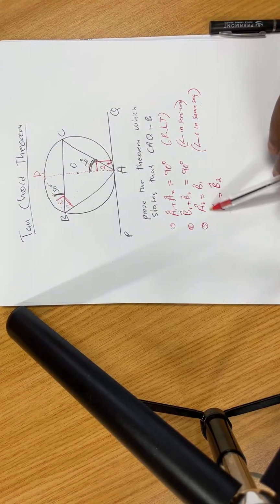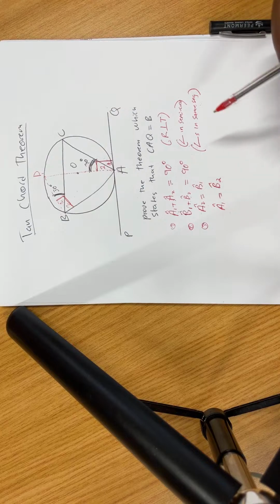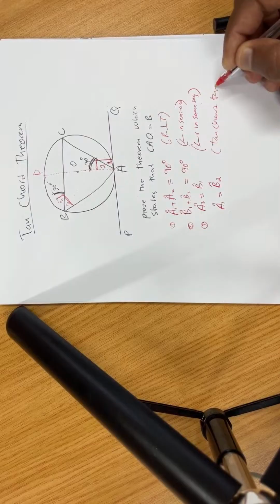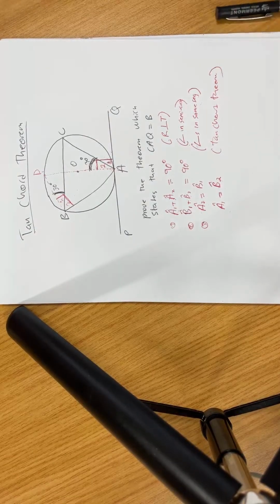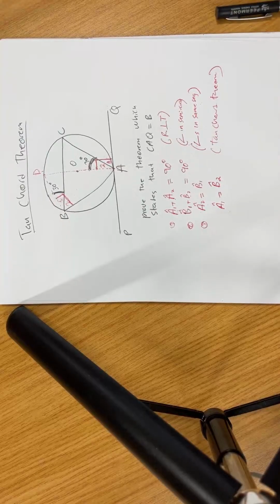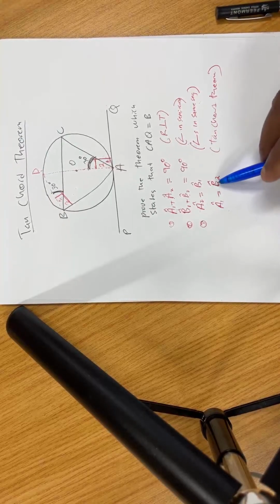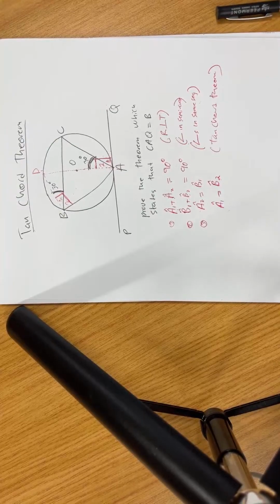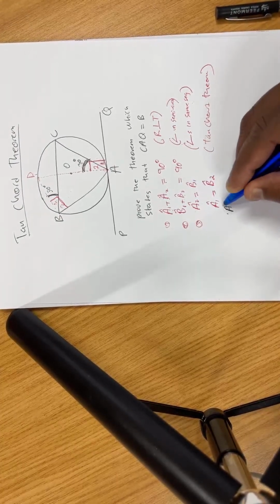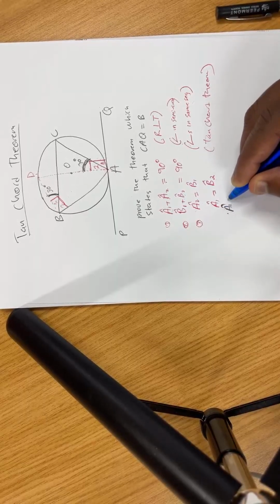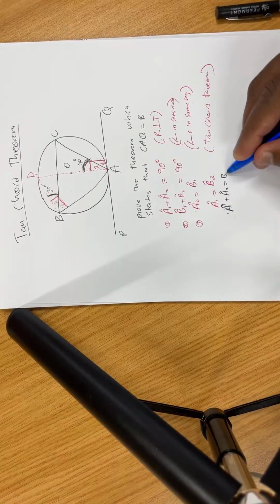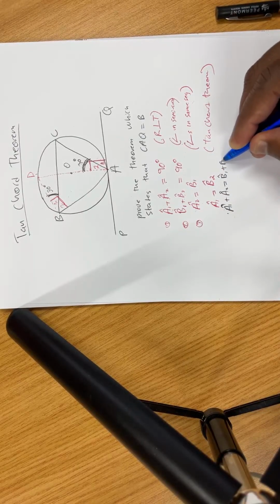So in application, you will use the chord theorem. Since A1 is equal to B2, we can conclude that angle A1 plus angle A2 is equal to angle B1 plus angle B2.